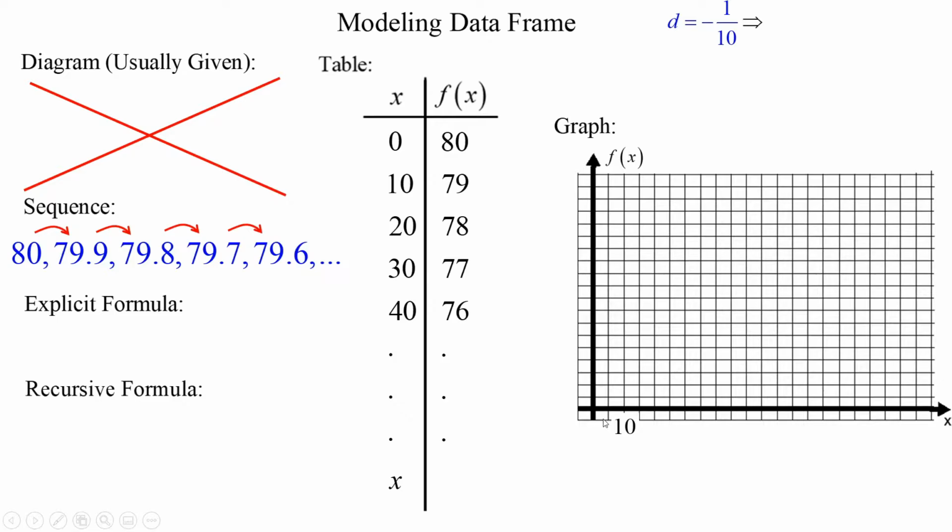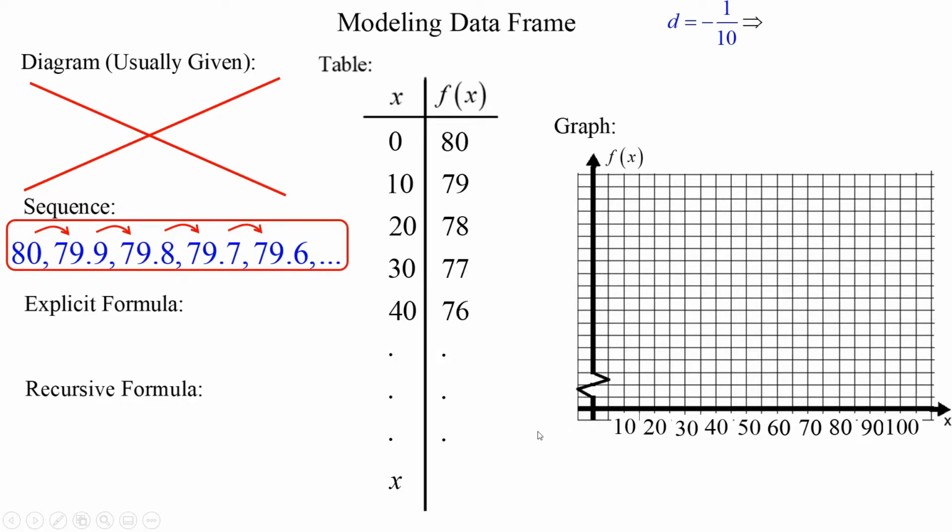Now let's go to our scale. I'm going to make every hash mark 5, so I'm going to go 10, 20, 30, 40, 50, 60, 70, 80, 90. Oh, that's nice, 100 right there. And now when I look at these f of x values, my outputs, we're talking 80 to 76, so I am going to break my y-axis. Big values there.